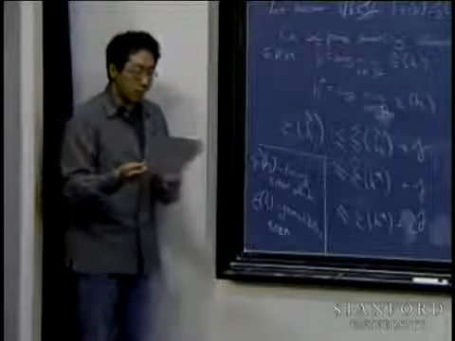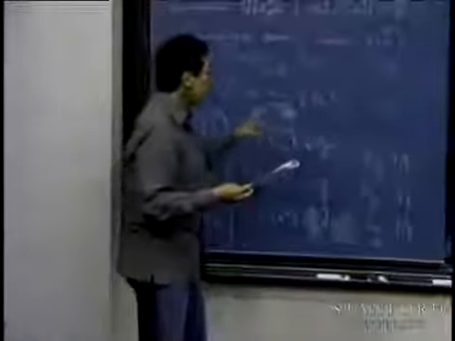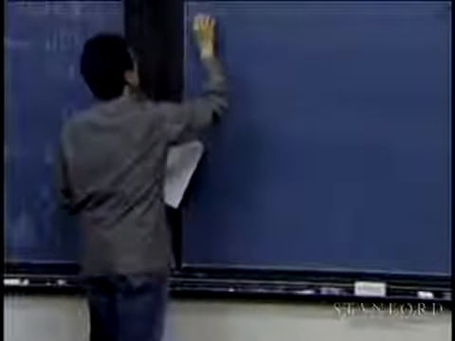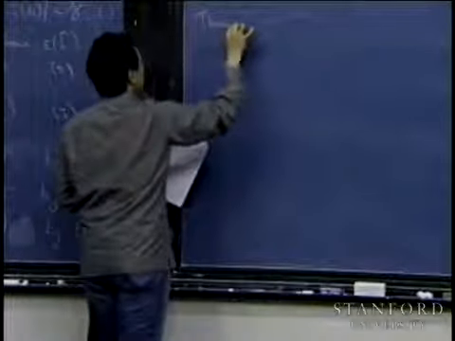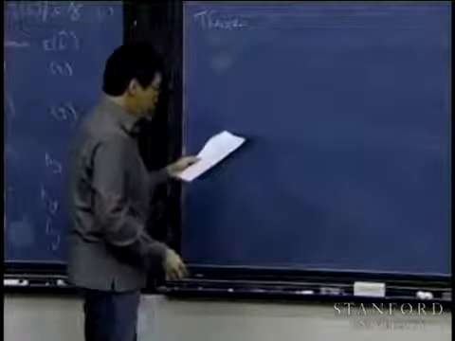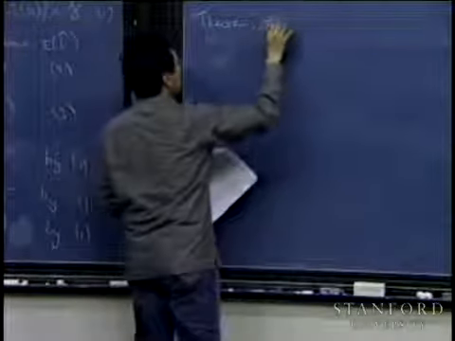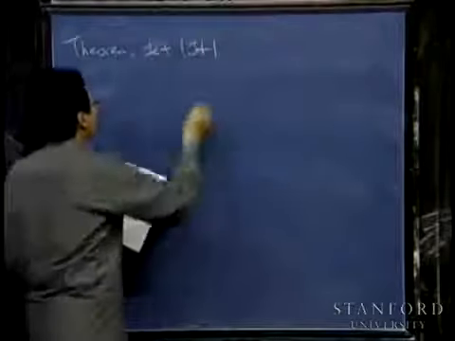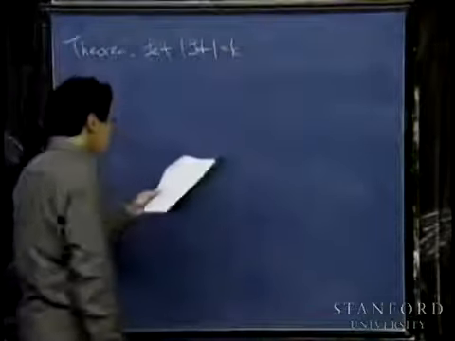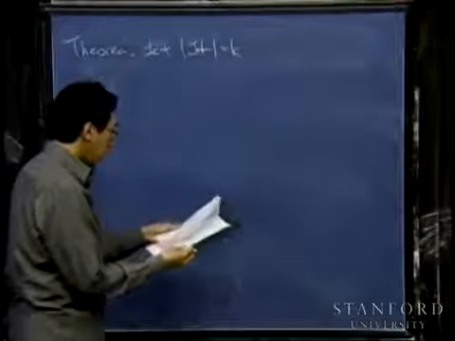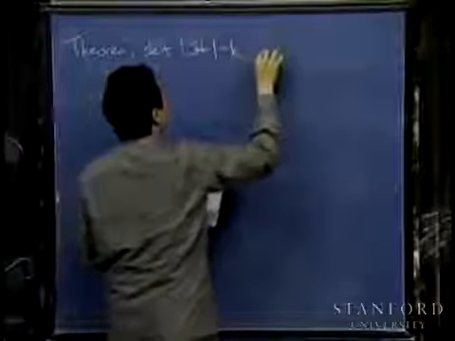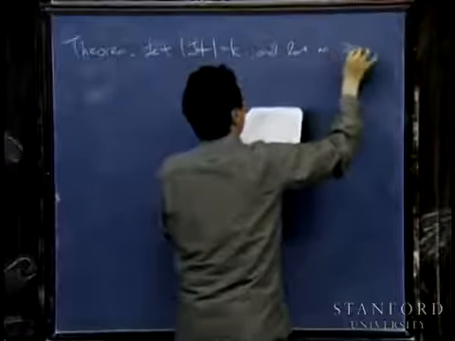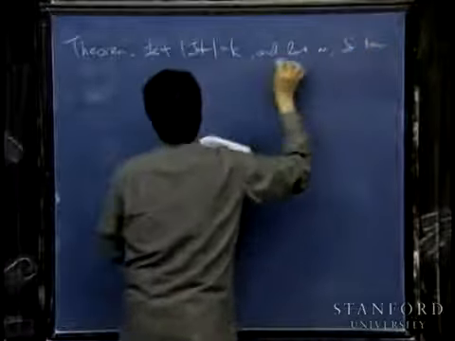So let me tie all these things together into a theorem. Let there be a hypothesis class given with a finite set of k hypotheses, and let any m and delta be fixed.